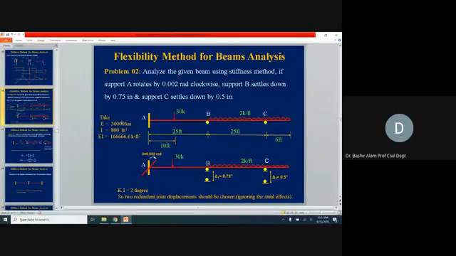E is given as 30,000 ksi, which means it's a steel structure. The moment of inertia is given as 800 inches to the power 4. For EI, we will be using feet and kip units. So let's convert this EI value into kip-feet units. It becomes 30,000 multiplied by 800 divided by 12 squared.